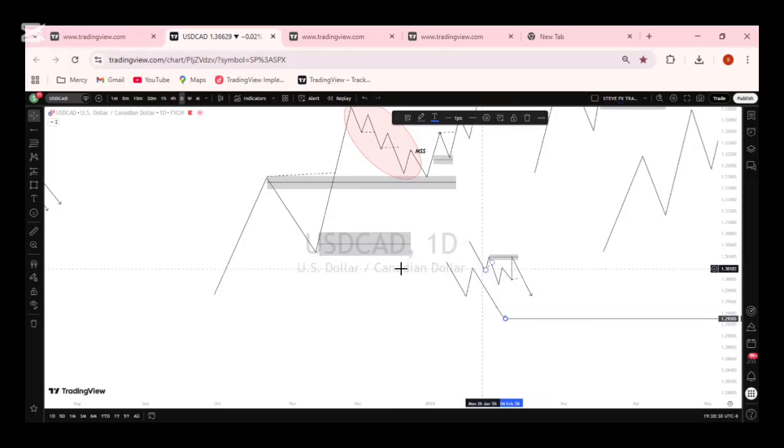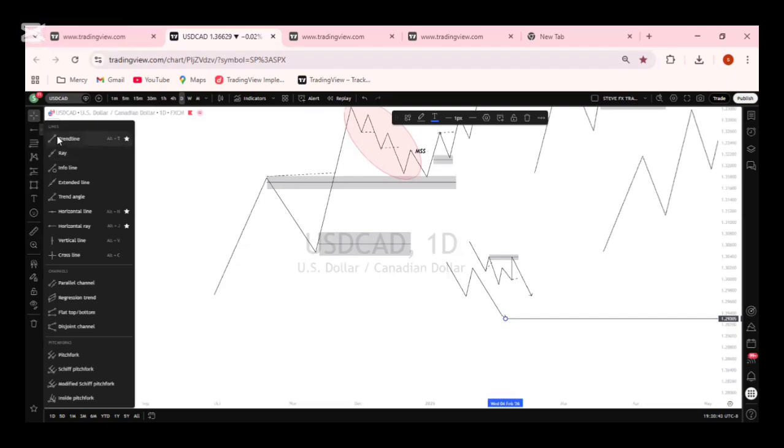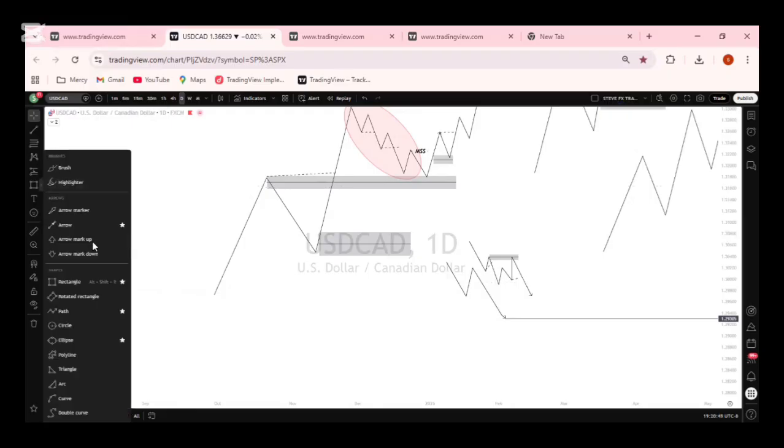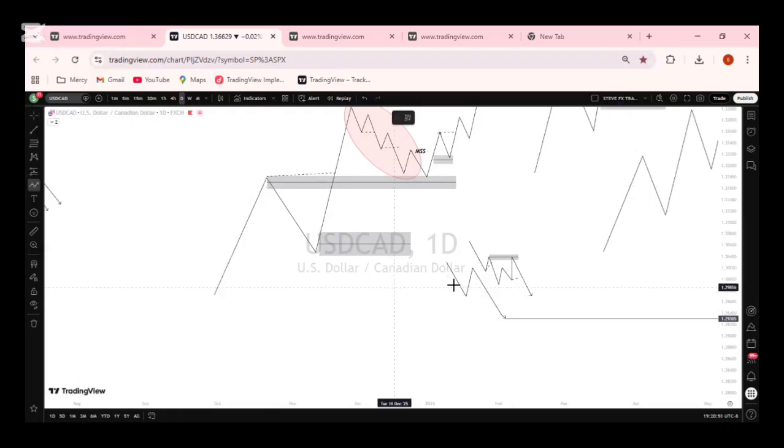We might see several breaks of market structure within your internal structures before we see that the external structure has been broken.